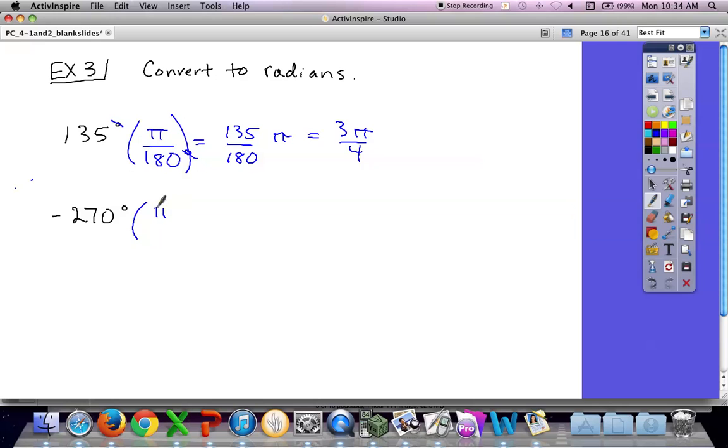Multiply by pi over 180. So what is negative 270 over 180 as a simplified fraction? Negative 3/2 pi.